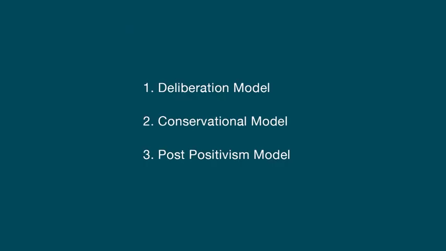Examples are the deliberation model, conversational model and post-positivism model. Some curriculum models come under scientific and some under non-scientific based on their aim of curriculum designing. Next, we will move to one more classification of curriculum models, the experiential as well as social critical model.